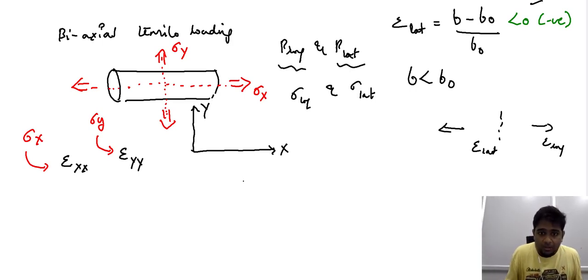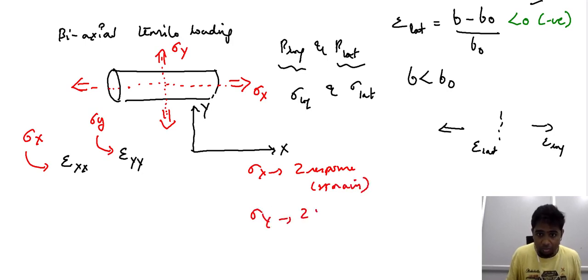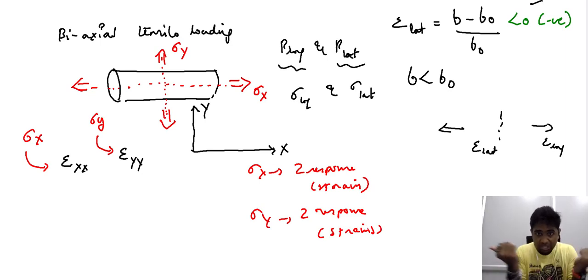So for sigma x, there will be two responses or strains, and for sigma y, there will similarly be two responses or strains. For sigma x, there will be a strain along the loading direction and also along the perpendicular direction. In order to describe it, we need appropriate parameters, and that can be expressed using two subscripts. The first subscript here indicates the strain direction.